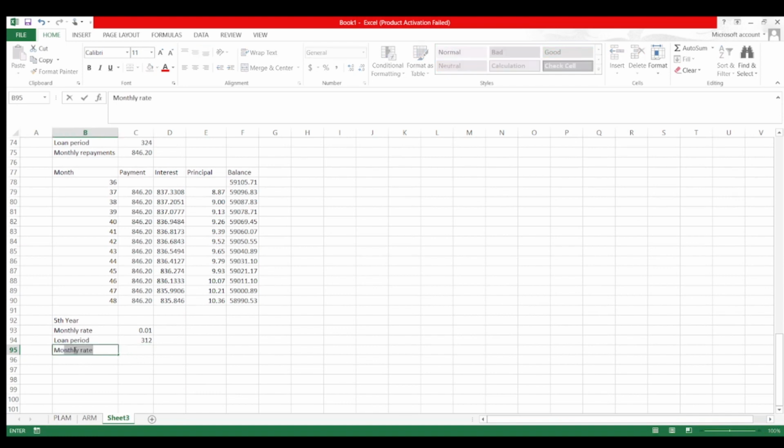Now we can calculate the monthly repayments. It is equal to PMT. Check the rate, number of periods, and the opening balance.